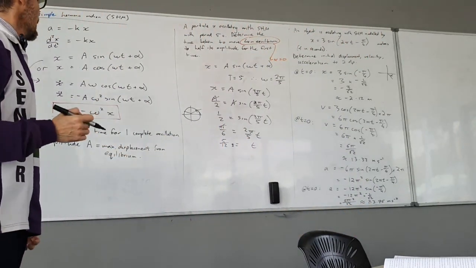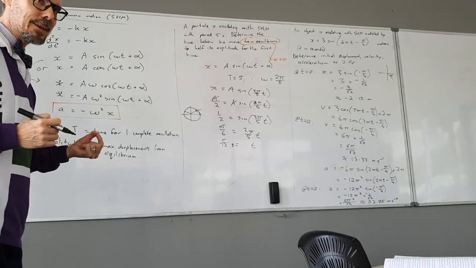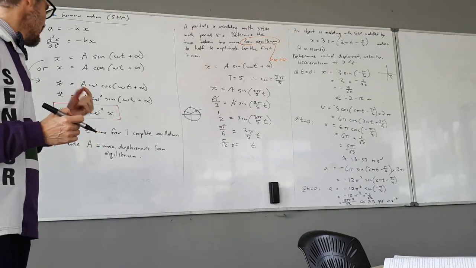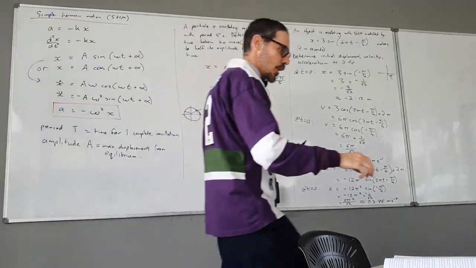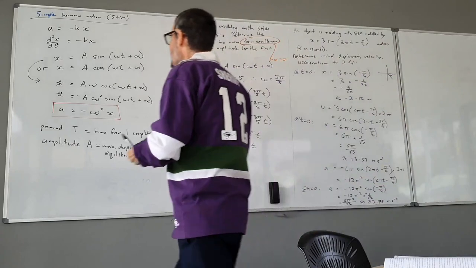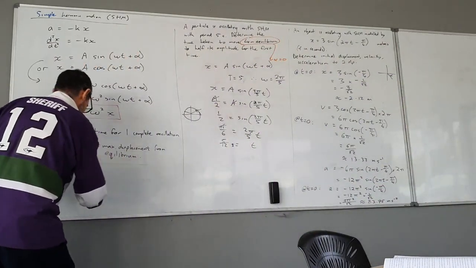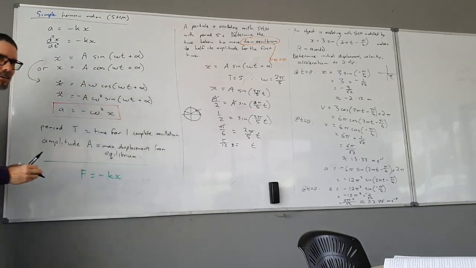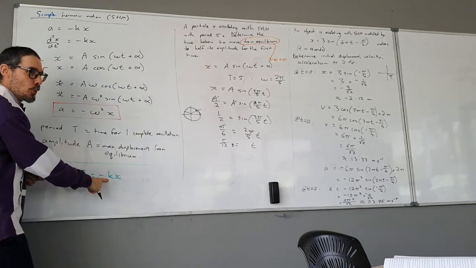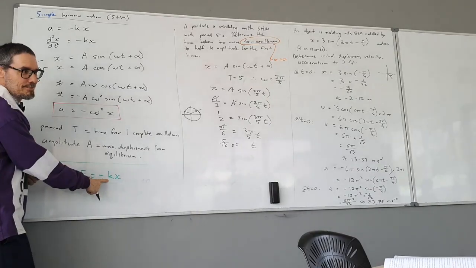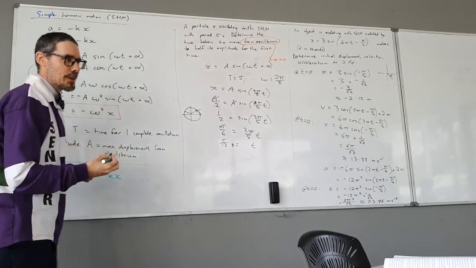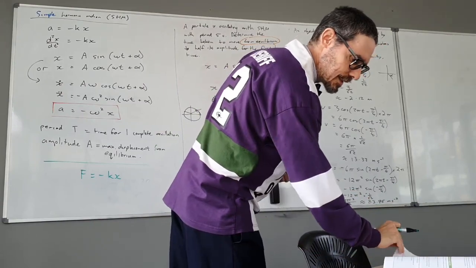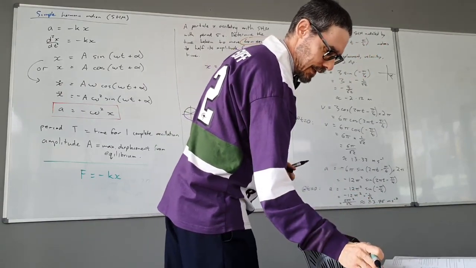The textbook goes on to talk about springs specifically. That's not in the syllabus. I will mention it, but you don't need to know this. For a spring, F is negative kx, and this constant is called the spring constant. That's literally all they do. But they also then determine from that a formula for the period.